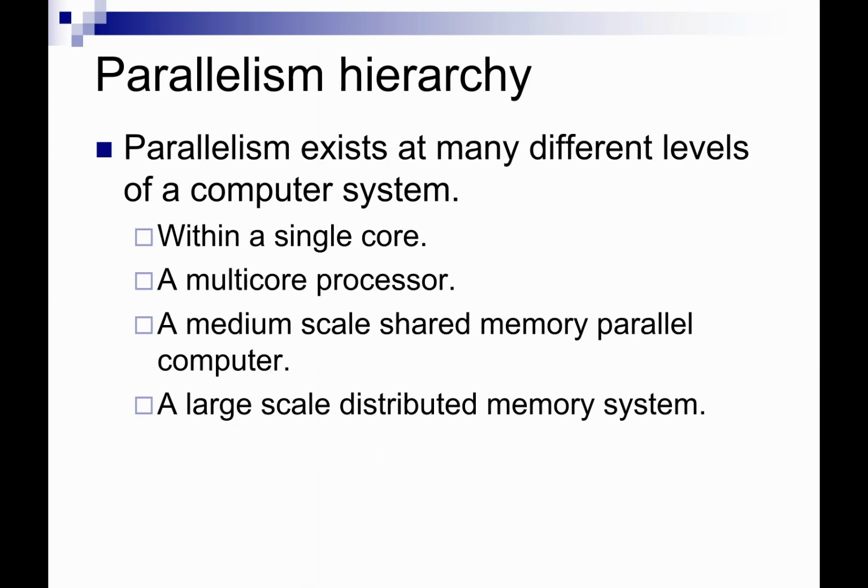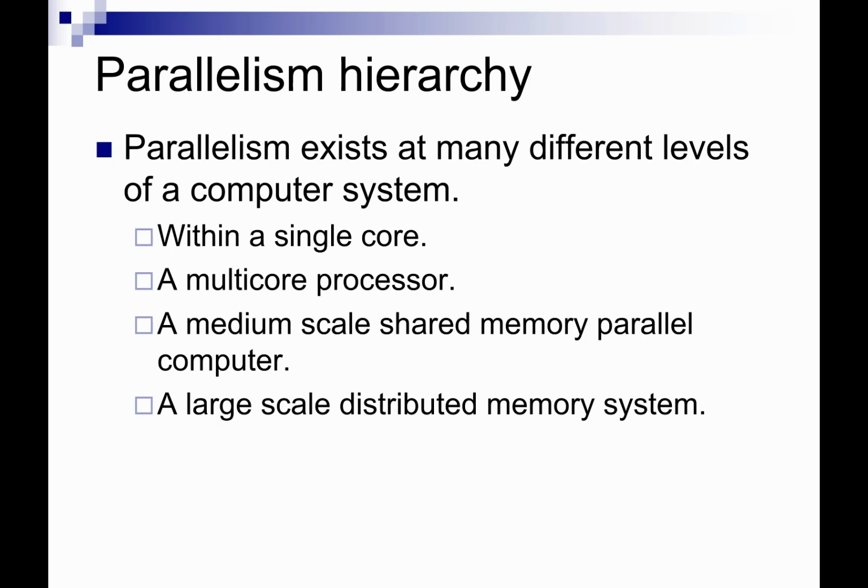So remember from the previous lecture that in a parallel computer, we actually have parallelism at multiple different levels. For example, we can start with a single processor core, and we'll see that even within a single core, we can find parallelism. Now we can also combine multiple cores together so that they form a parallel processor with multiple cores executing simultaneously.